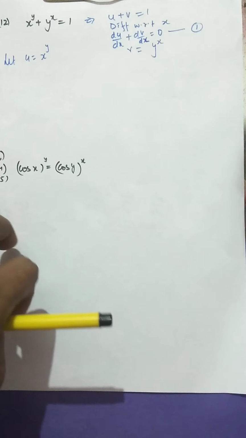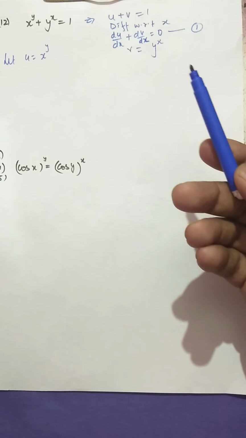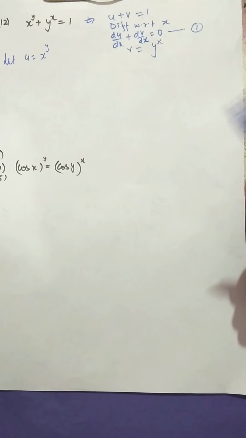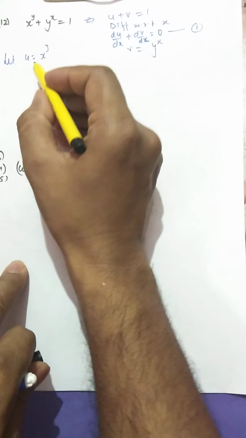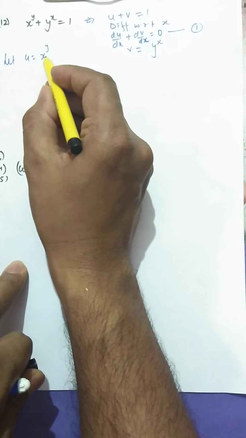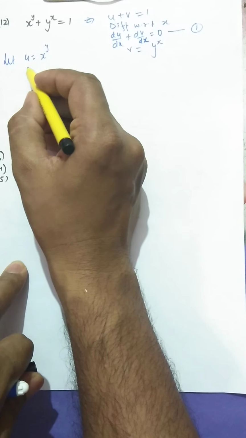So we have to find du upon dx and dv upon dx, and from there we'll get some value of dy by dx. So start with this now. This is u equal to x exponent y, so you can see that x has an exponent which is a function again, so you have to take log both sides.